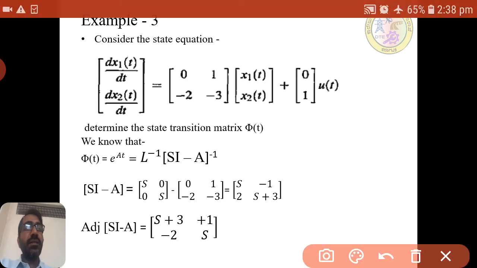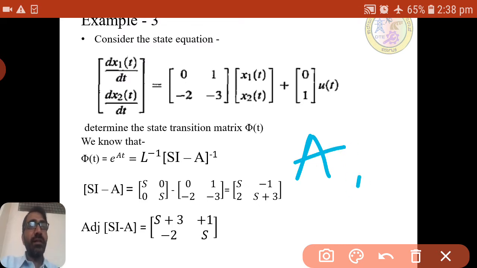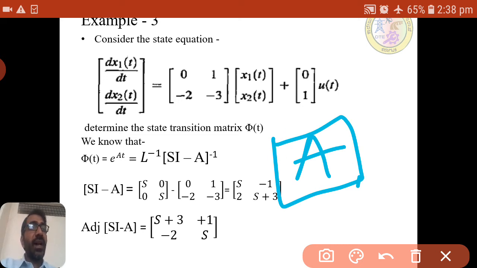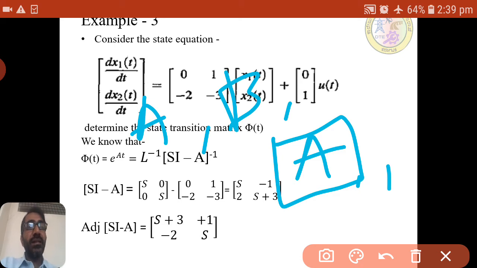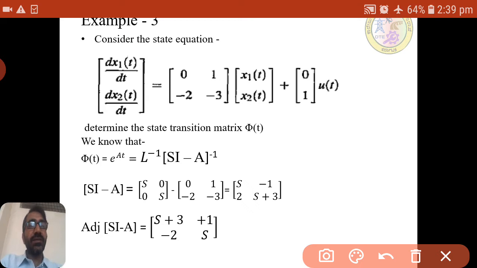So in the previous problems, in the given data they gave only the A matrix, and also a problem where they gave A, B and x of 0. Here the problem we have considered is one where they have given A and B, not the x of 0.